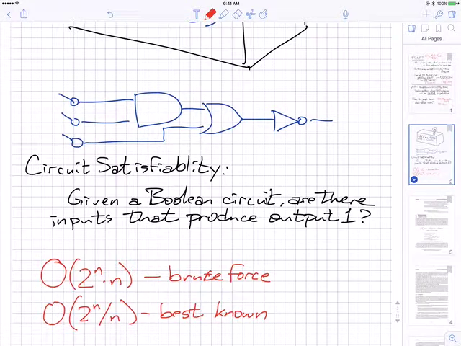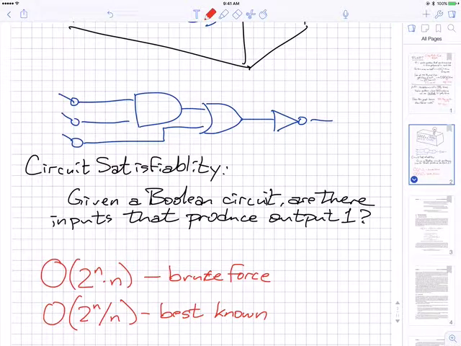Now, what's interesting about this problem is that if you could solve the circuit satisfiability problem in polynomial time, improving this slightly less than brute force algorithm to something small like n to the 5 million, then every other problem in NP would also have a polynomial time solution.